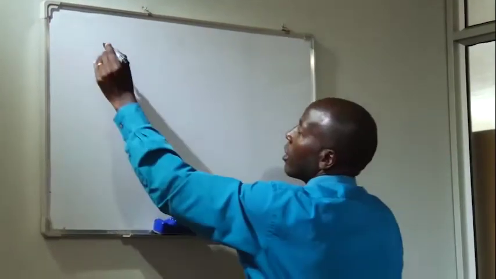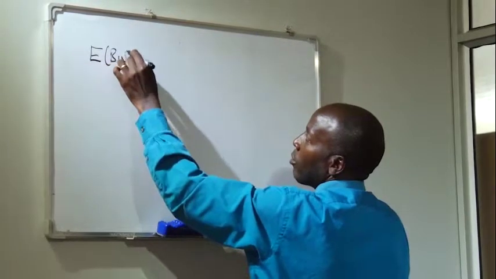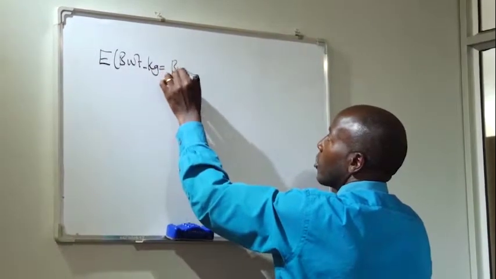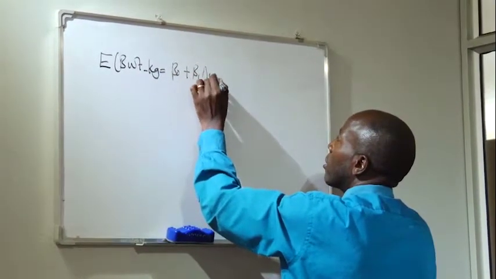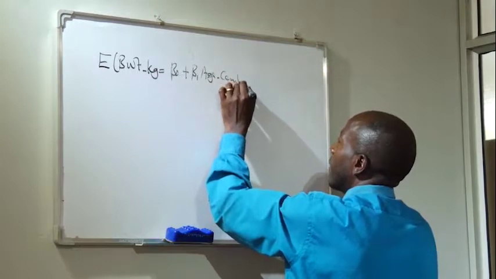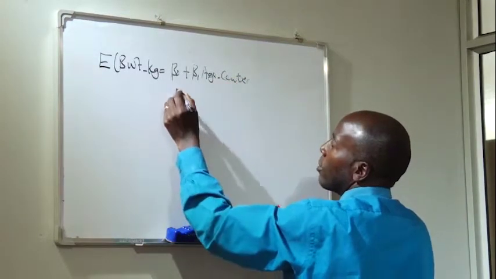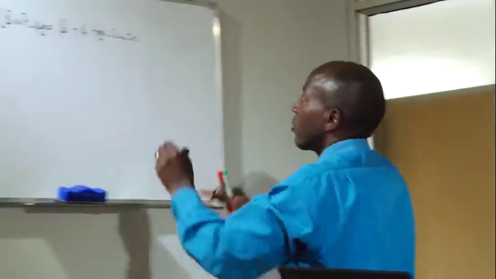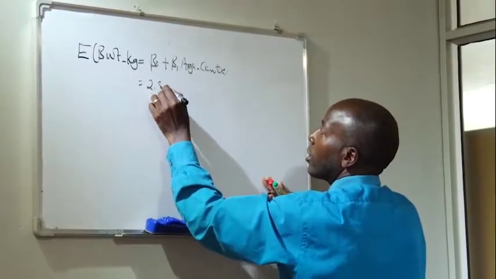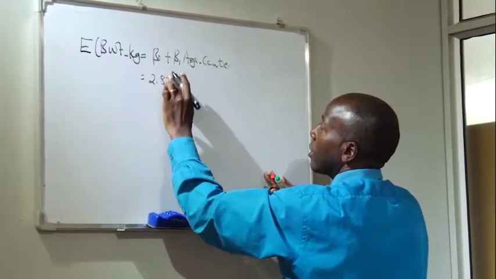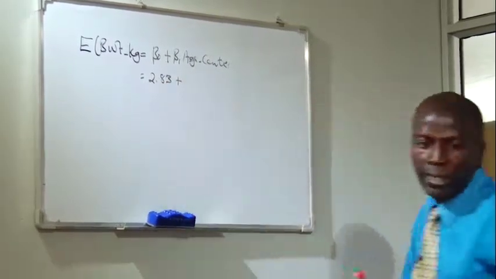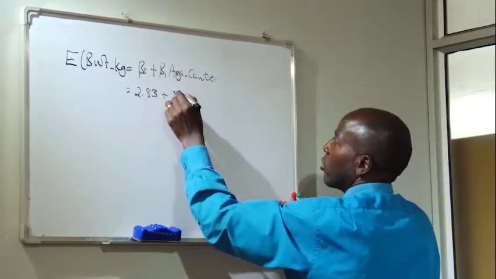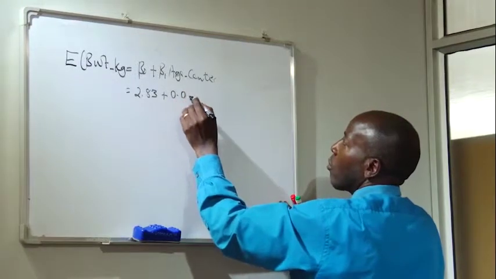So we have expected birth weight in kilograms is equal to beta naught plus beta 1 age center. And we get the values. Beta naught is 2.83. This is equal to 2.83 plus the coefficient, which is 0.012.